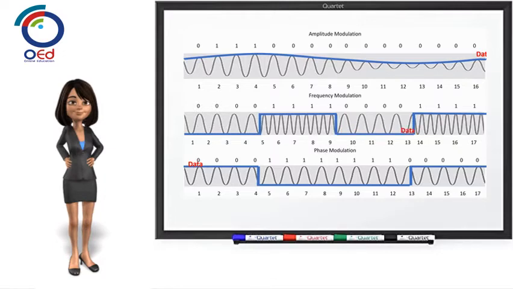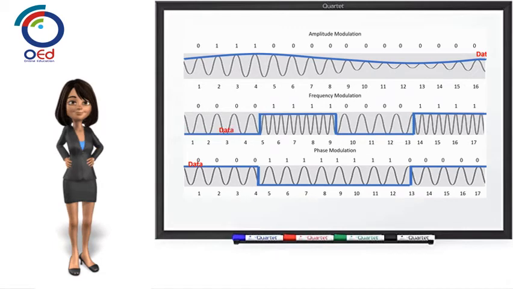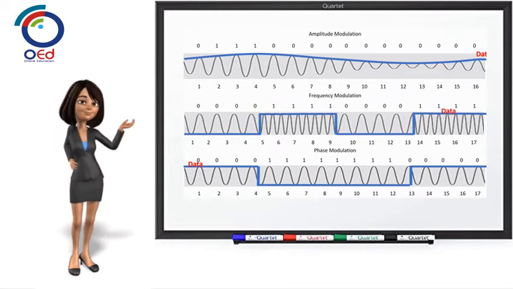And the frequency modulation goes up and down, which means binary 0 is lower and binary 1 is upper.